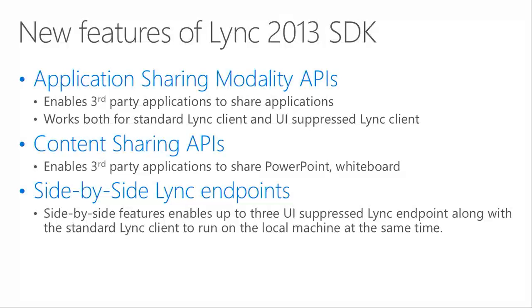So for the application sharing modality APIs, we can use this API to start and end sharing from your desktop, as well as sharing from other participants. You can also grant control, revoke control, or accept control from other participants. Basically, you can use this API to have the full functionality of application sharing, just as if you are doing this on the Lync client.